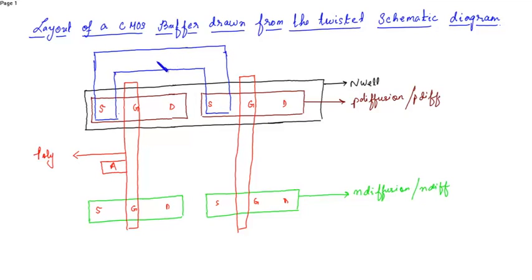So this is the VDD. Now the sources of the NMOS are connected to ground. This is connected to ground.